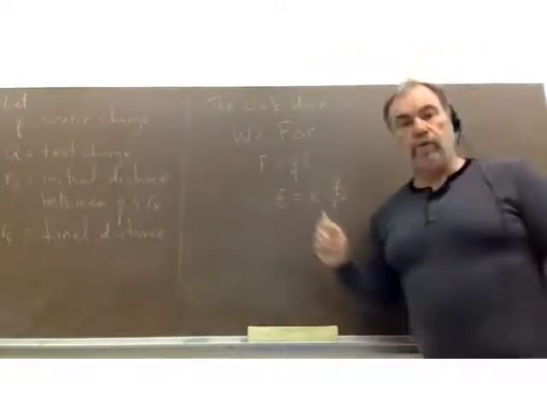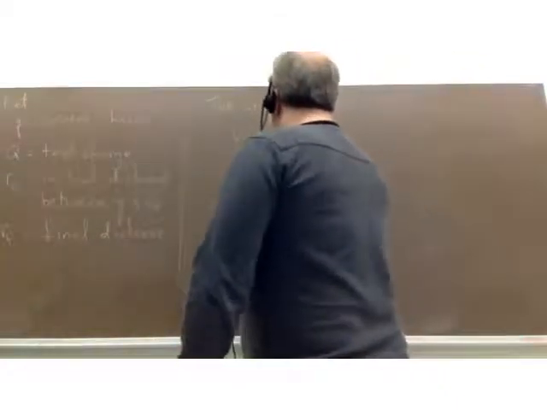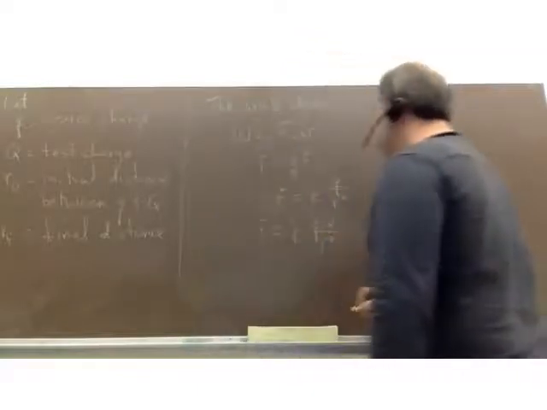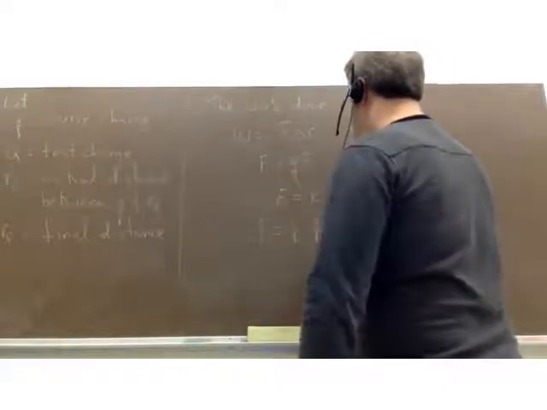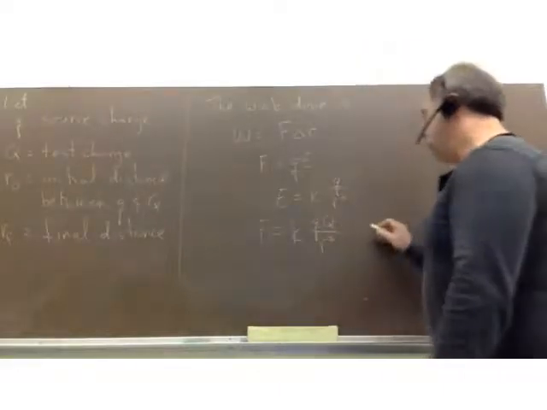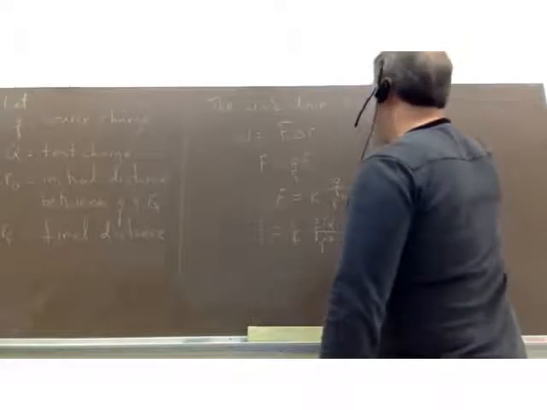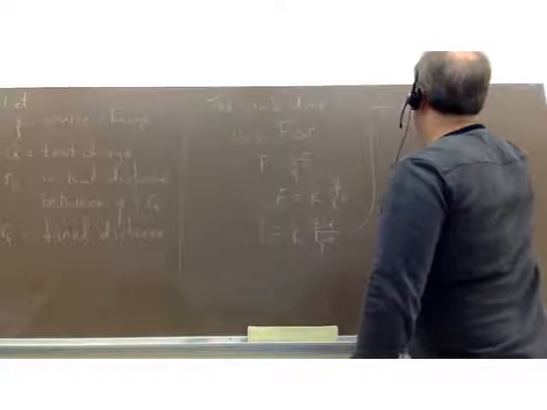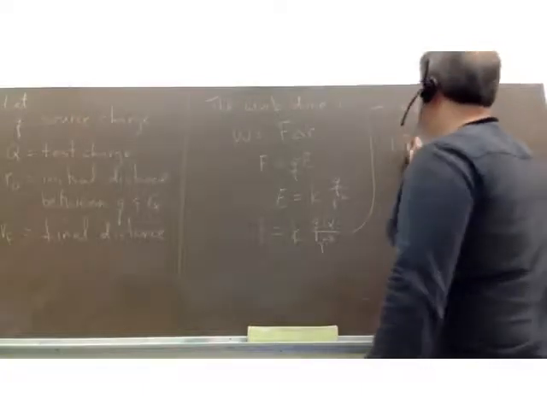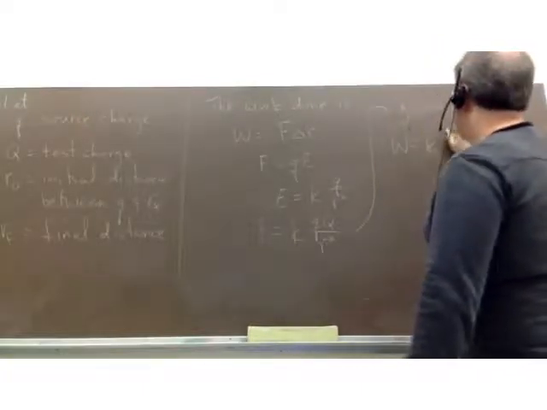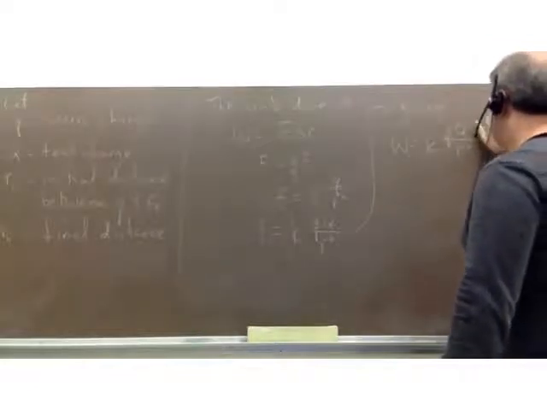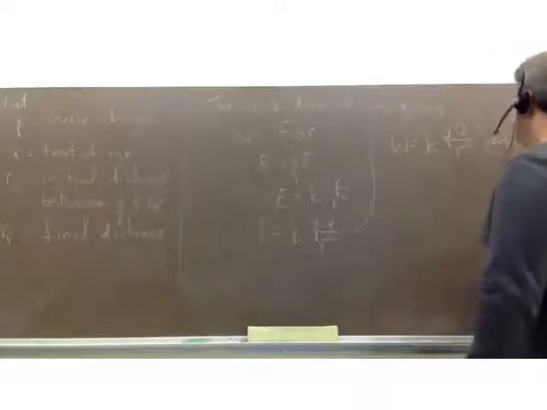Okay, I'm not going to worry about the direction indicator for now anyway. So the force, you know this one very well, K q Q over R squared. And so the work done then is K q Q over R squared times delta R.